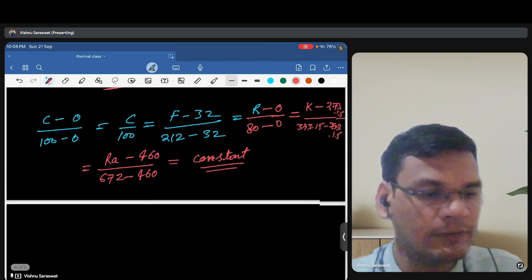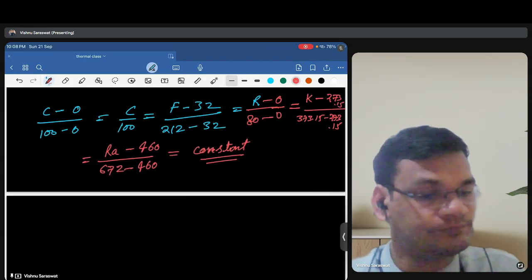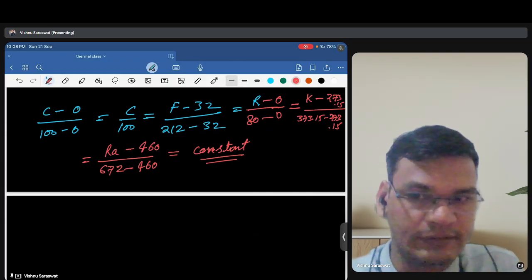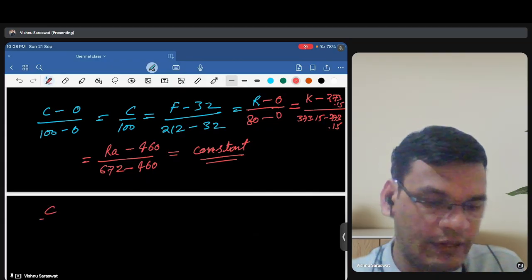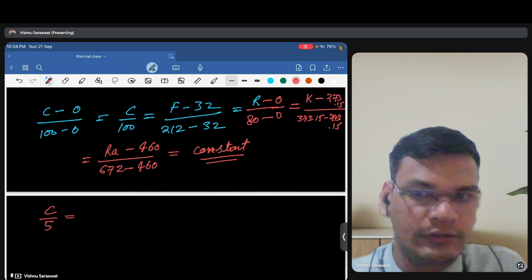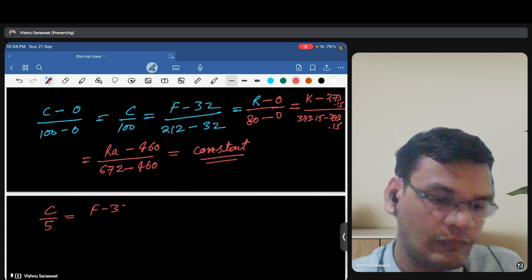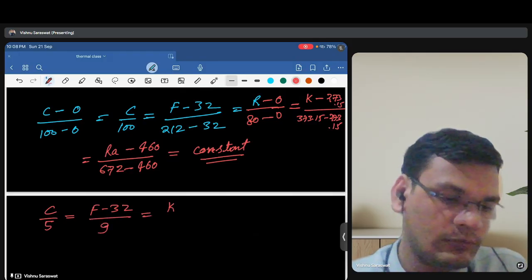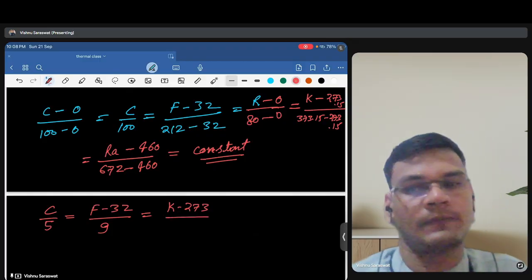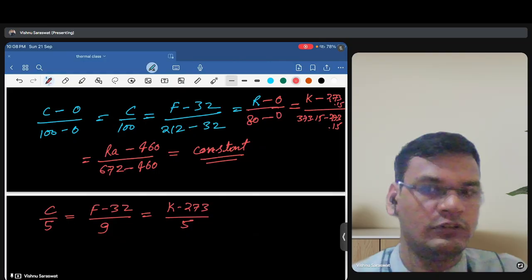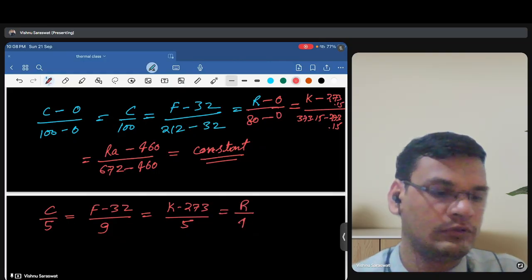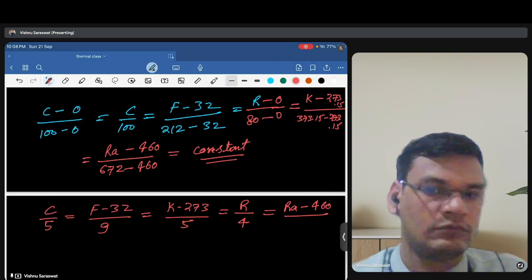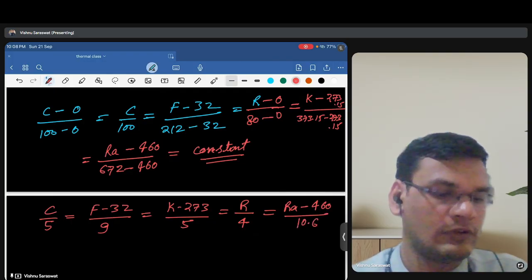We can simplify the formula like this: C by 5 equals F minus 32 by 9 equals K minus 273 by 5 equals R by 4 equals Ra minus 460 by 9.